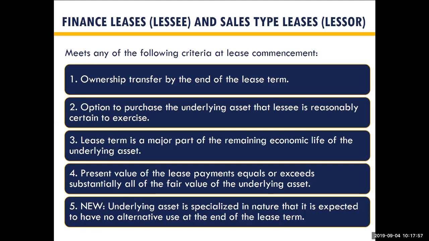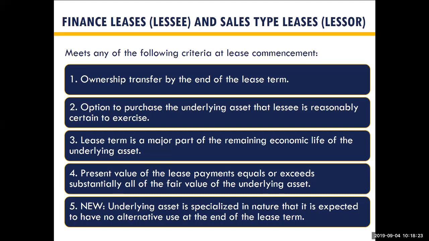Under the new guidance, if it's approximately in the 90% range as a rule of thumb, and again, it could be less, then you could still end up in a financing lease arrangement. So that's something that's a little bit of a twist from what we're used to, taking away that bright line test and making a principles-based approach and saying, well, how close is close enough? So that'll take a little bit more judgment on a go-forward basis.